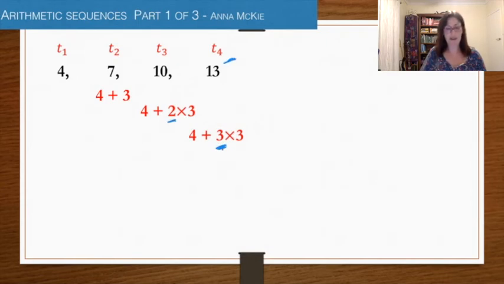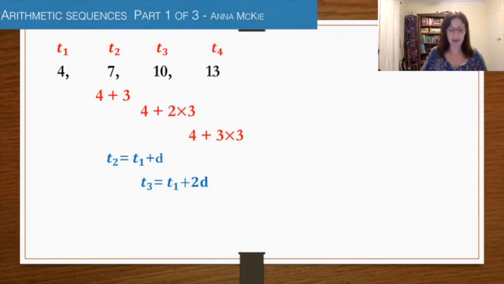Think back, there's 2 lots and it was the third term. So to get us to the second term, we would have to take the first term and add on the difference, which we know is 3. To get to the third term, you take the first term and add on what? Have a think about that. We're adding on 2 lots of the difference.